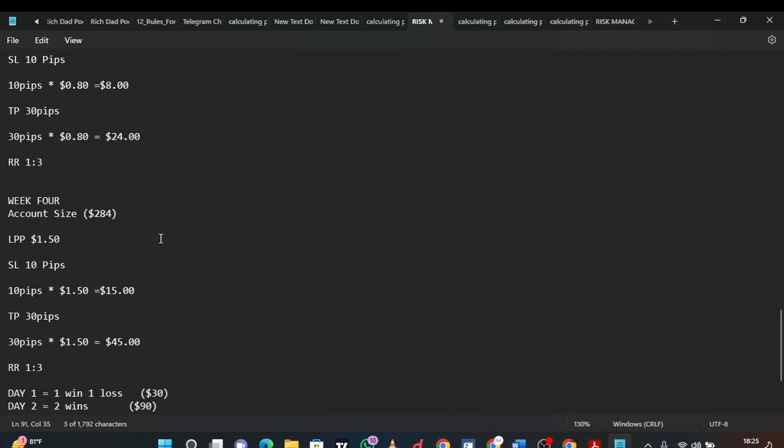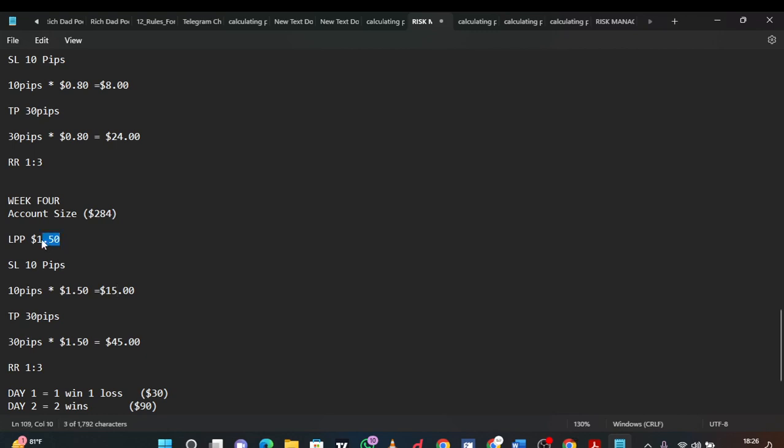That's our last week, whereby we are going to increase the lot size now from 0.08, because the account has doubled. We are going to take it at 0.15. Now we have moved from our micro lot. We have gone to a standard lot plus 5 micro lots, 5,000 units altogether.